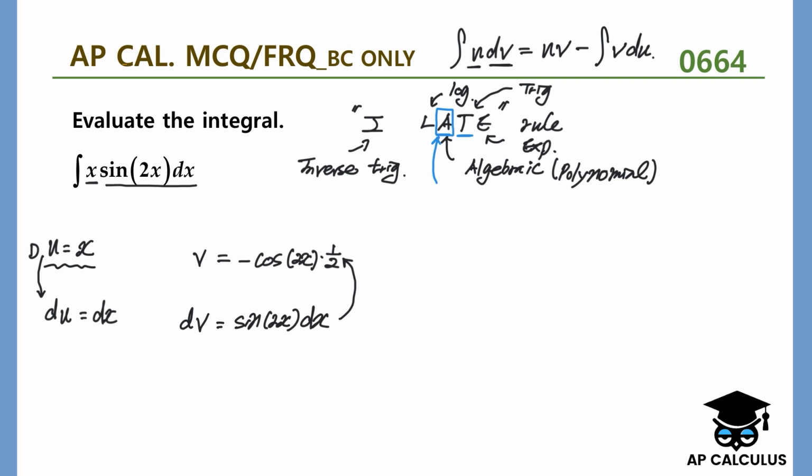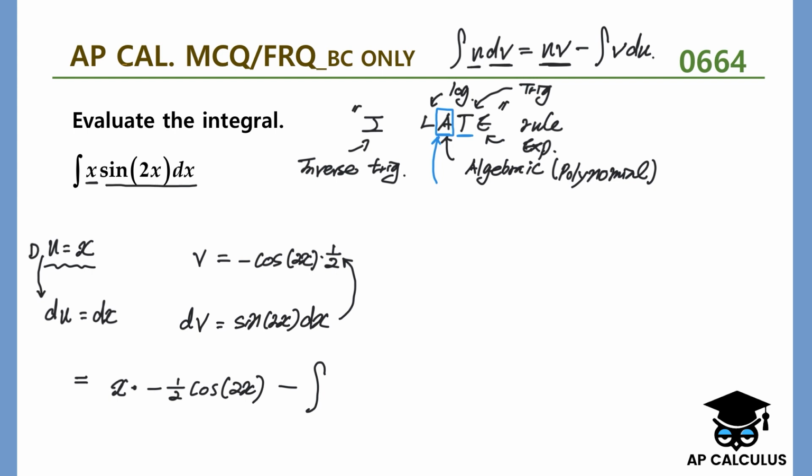Now use the formula: this integral is equal to uv, where u is x and v is negative 1 over 2 cosine 2x, minus the integral of v du.